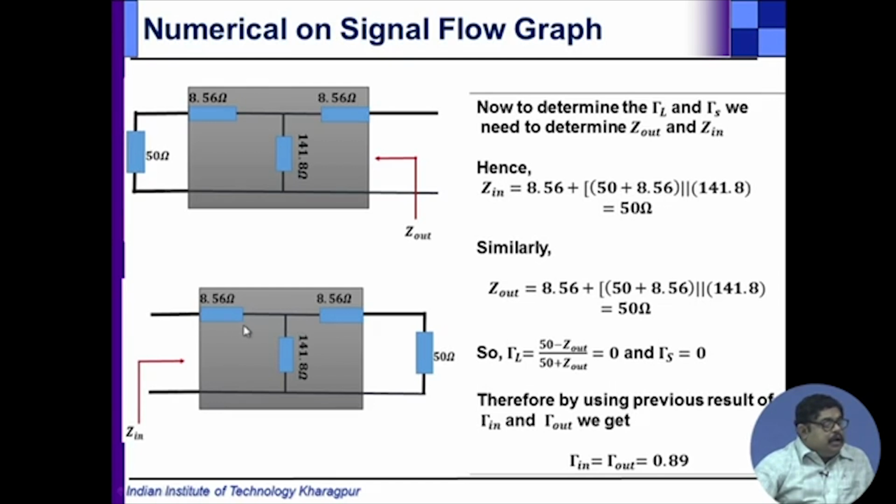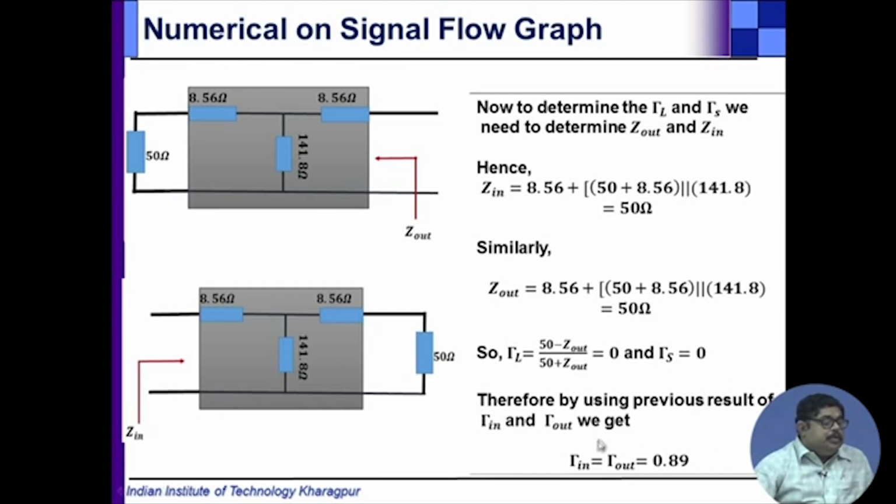It is seeing 8.56 in series with this whole thing, which is nothing but the parallel of 141.8 and the series of these two. That is written here, self explanatory, and it becomes 50 ohm. So, input impedance is 50 ohm, and Z out also turns out to be 50 ohm. So, characteristic impedance is 50 ohm, Z in and Z out are 50 ohm, and load and source are also 50 ohm. So, gamma L will be 0, gamma S will be 0.